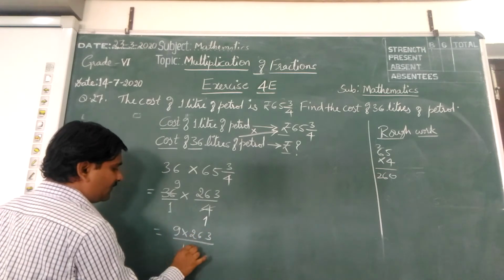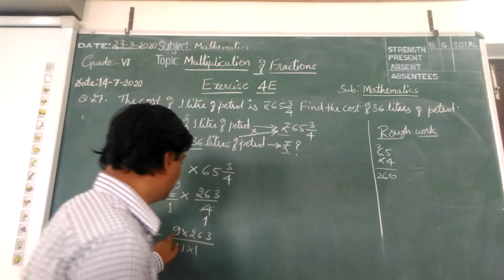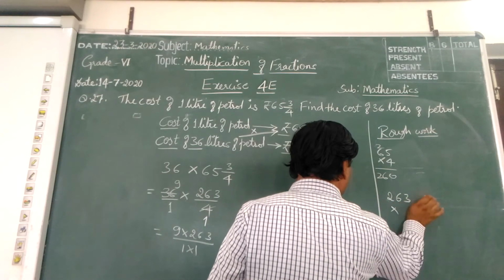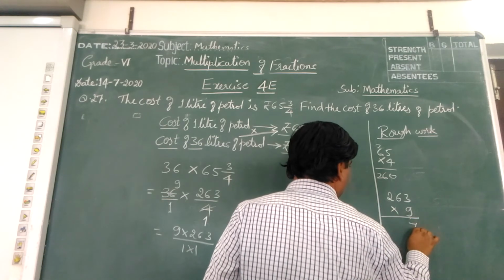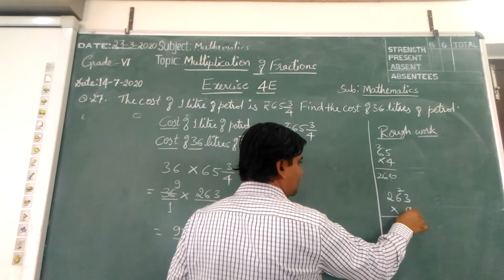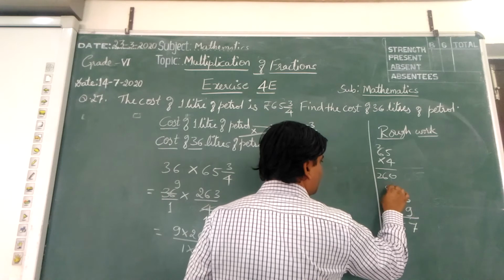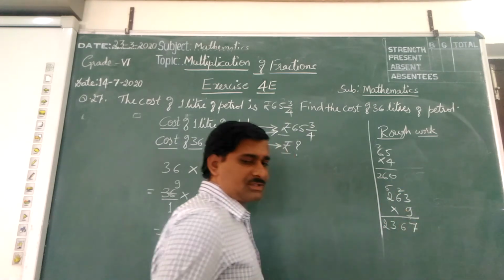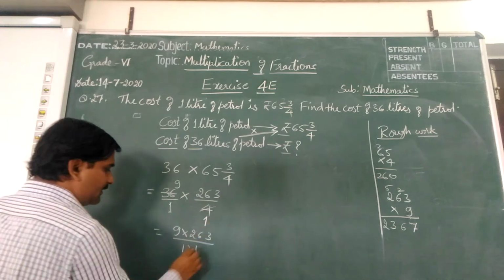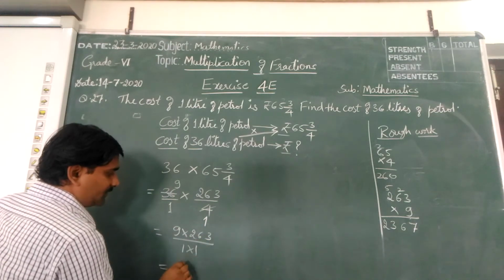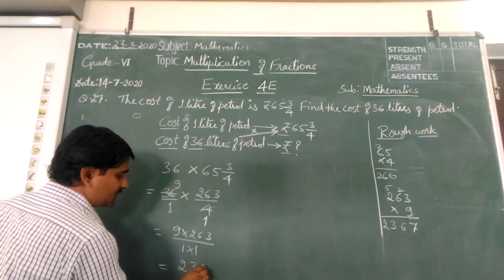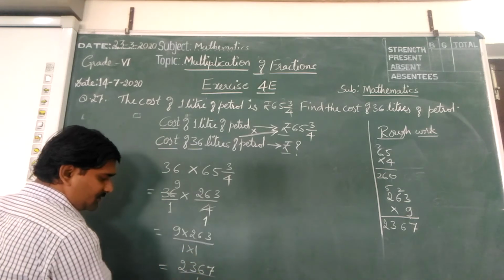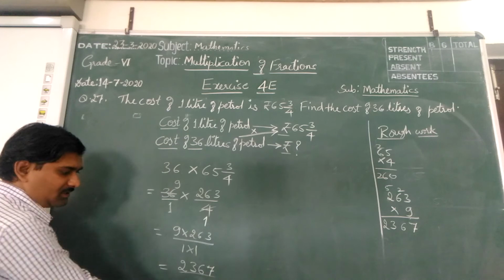Denominator 1 into 1. 1 ones are 1 only. Just multiply 263 into 9. After multiplying, you will get 2367. Divide by 1, if you write it or not, it is the same.